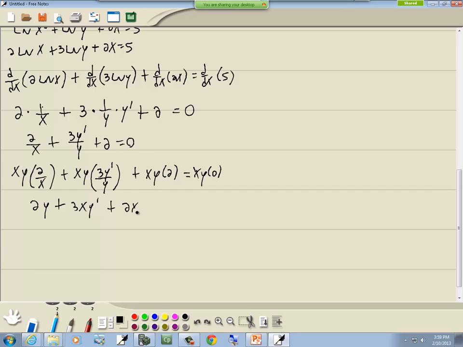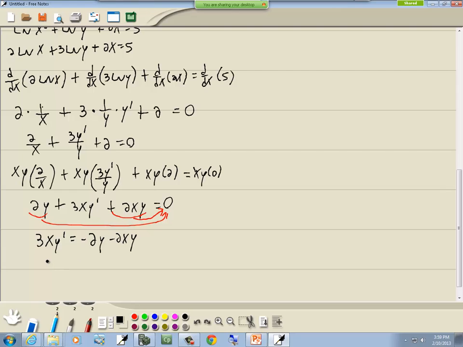plus 2xy equals 0. Now we're solving for y prime, so we want to get everything with y prime on one side and everything else on the other side. So I'm going to take the 2xy to the right side and take the 2y to the right side. So I get 3x y prime is equal to negative 2y minus 2xy.